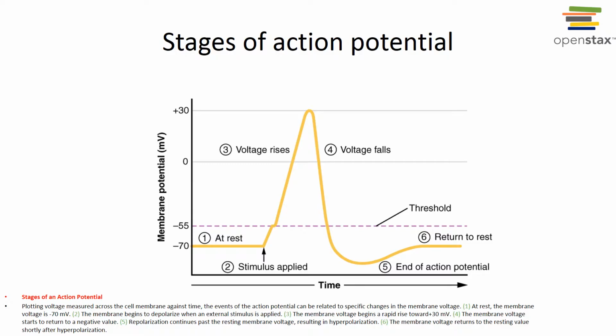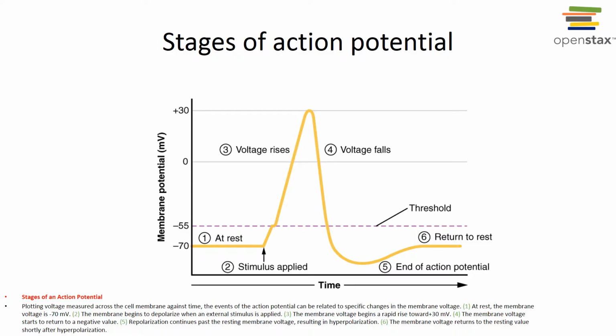And again, because the potassium channels can stay open longer, the membrane may become hyperpolarized, which is shown here in step 5. And that would be, let's say, approximately minus 90 millivolts.